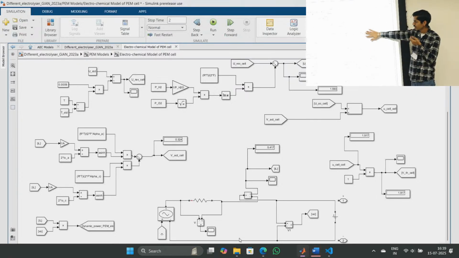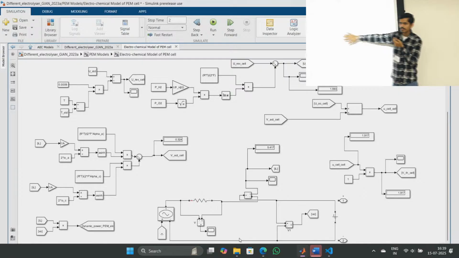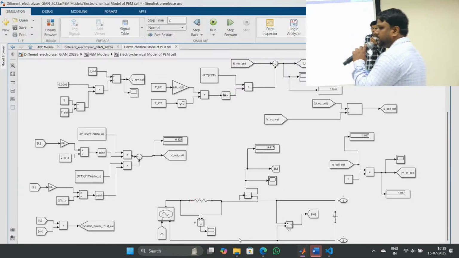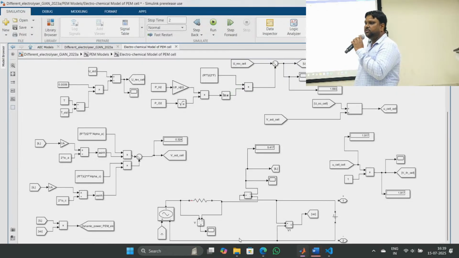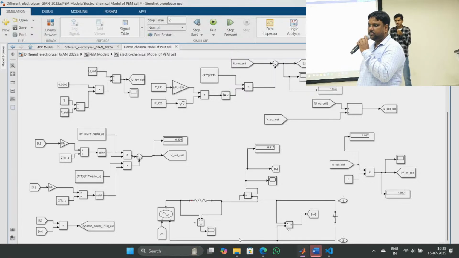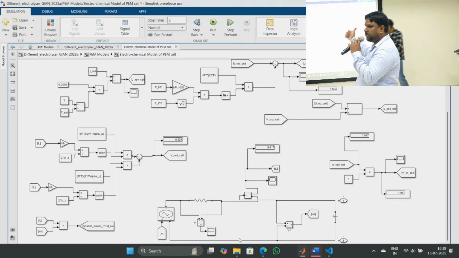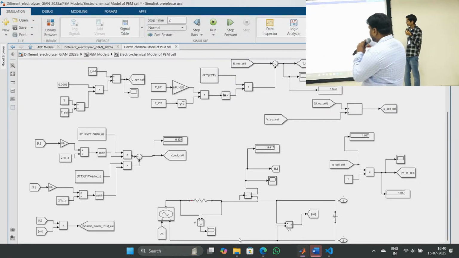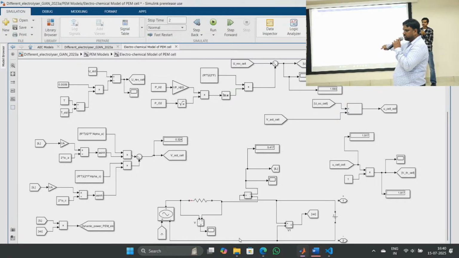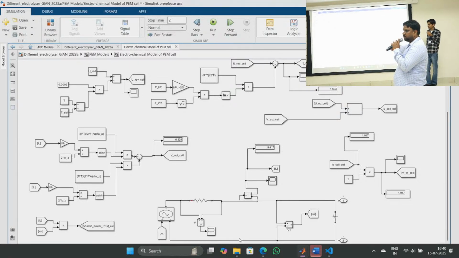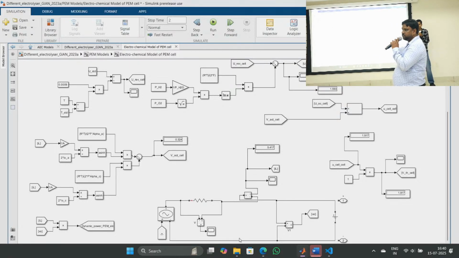If you remember the equation, V cell is equal to the sum of all potentials, right? So V cell, the input DC, is equal to V ohmic plus all other overpotentials. So all overpotentials we model as a controlled voltage source plus V ohmic equals V cell.